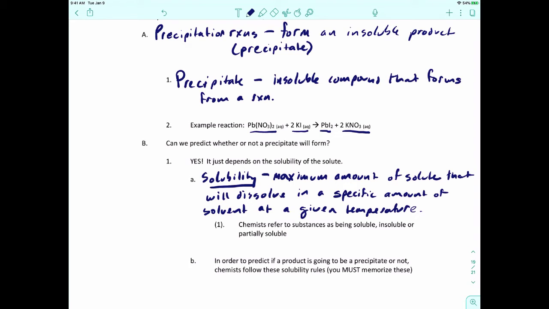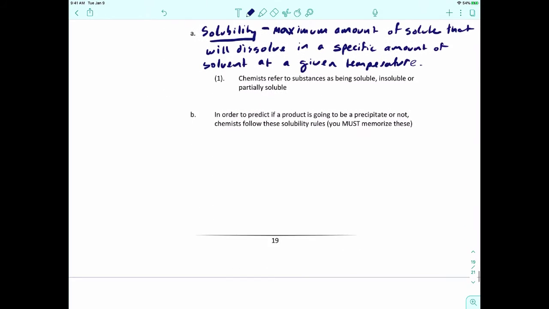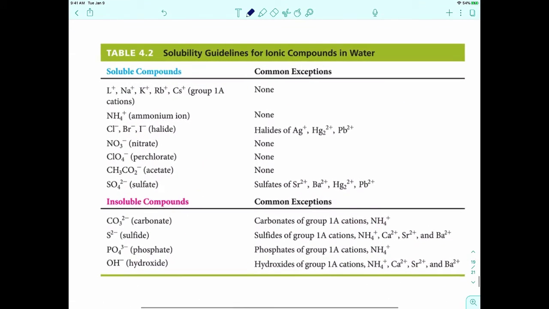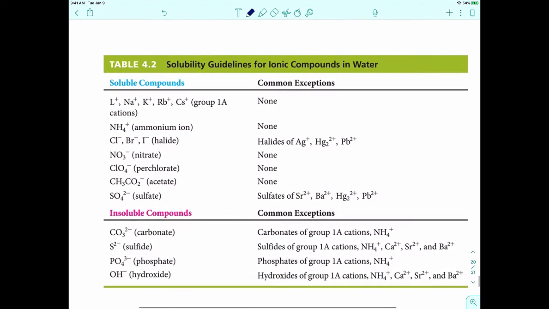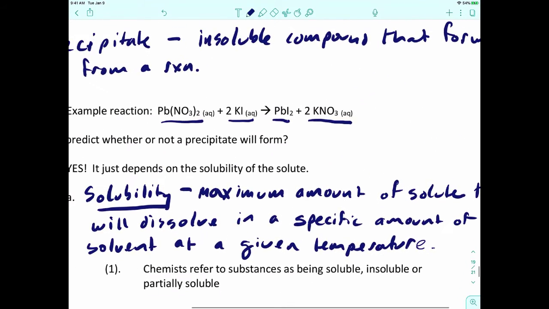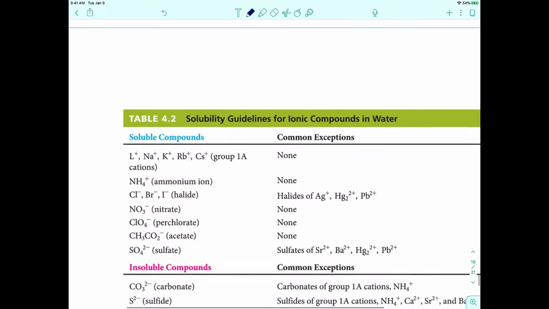Now, in order to predict whether or not a precipitate's going to form, chemists follow these solubility rules. So there's a set of rules that we use to determine whether or not something is going to form a precipitate. So we take a look at the products. Here in the reaction we had PbI2 and KNO3.